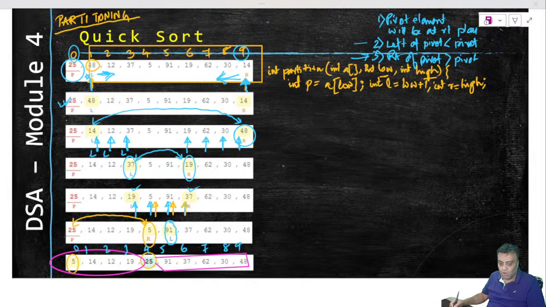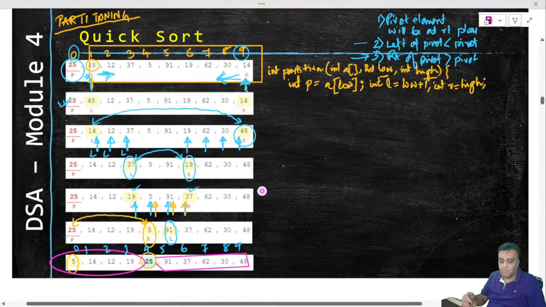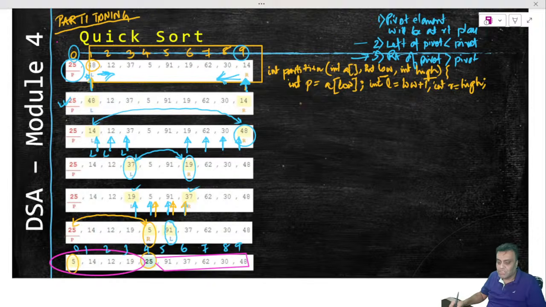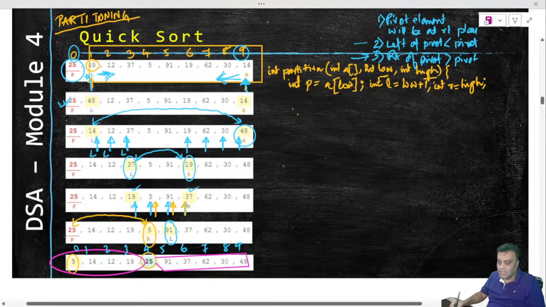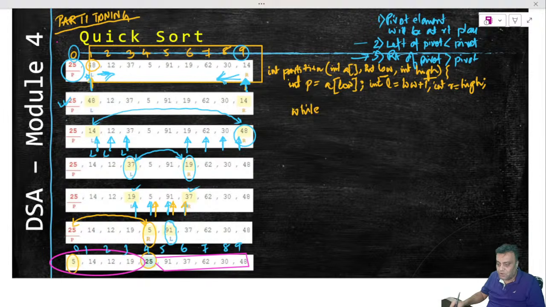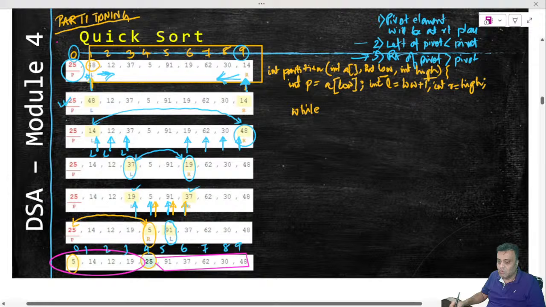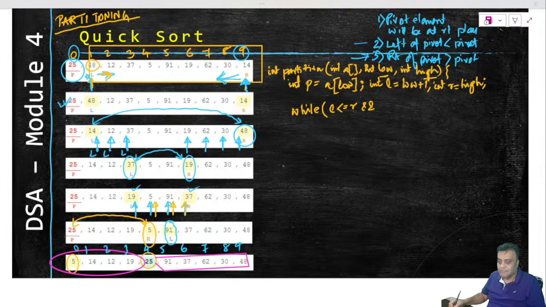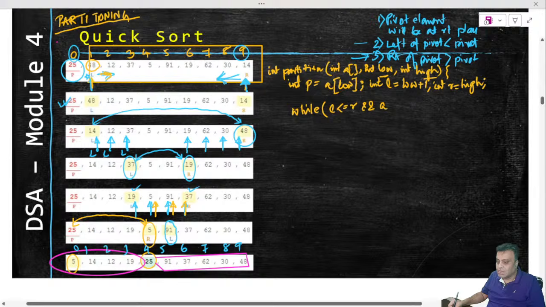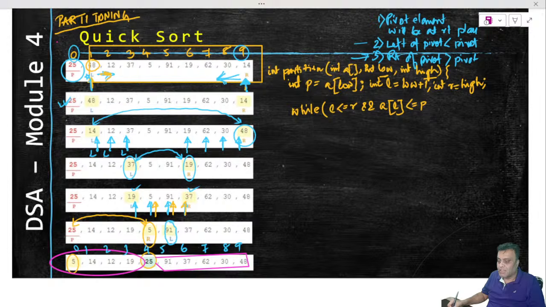Now what we have to do is we will have to keep on increasing the L till what happens? So let us write the loop. Because we have to keep on increasing means there is a necessity of a loop. So we will say that this L will keep on increasing till L crosses R, and the actual condition, which is A of L should be less than equal to my pivot element.